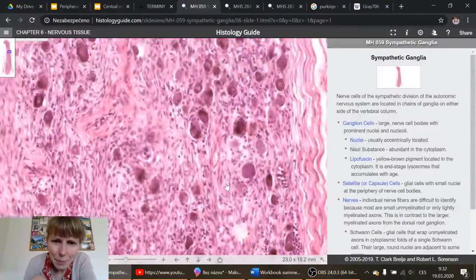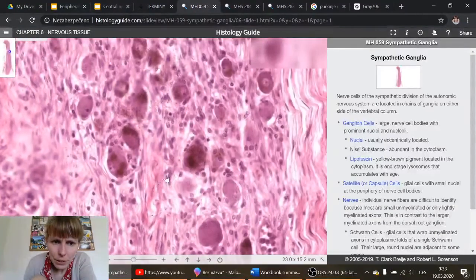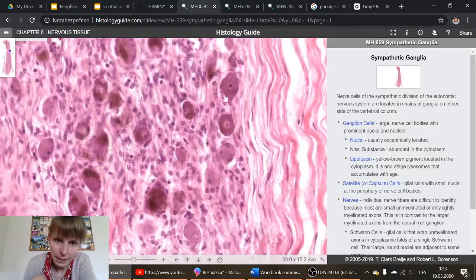Not really nice, but anyway. So yeah, the glial cells will be forming this like ring around the multipolar neurons. So these cells around the neurons are the satellite cells. So they are really everywhere. Just wanted to find a nicer area, which I didn't really succeed in.